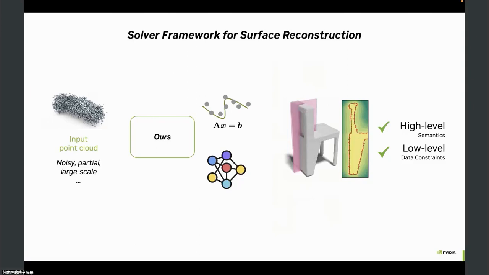If we could combine the linear solver or energy minimization problem with some priors learned from neural networks, we could combine the benefits of both worlds by leveraging the low-level data constraints from the solver, while also enabling high-level semantic modeling from neural networks or from large-scale data. So this is essentially the goal.